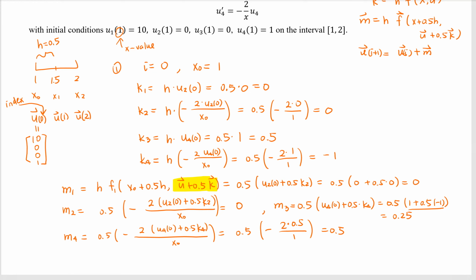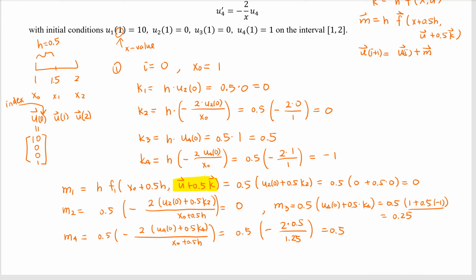Sorry, I realized I have a mistake. The bottom, instead of X0, should be X0 plus 0.5H. For the earlier ones, because it was 0, it doesn't matter. But here it will matter, because X0 is 1, and then 0.5H, with H being 0.5, so we get 1 plus 0.25, which is 1.25.